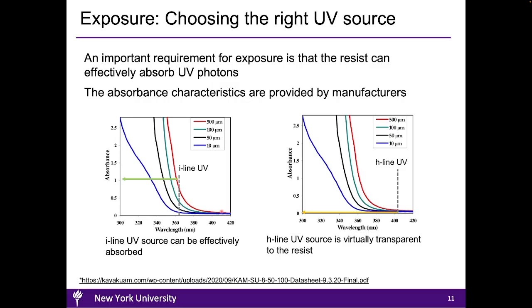Specifically, this example photoresist is virtually transparent to the H-line UV source. In contrast, it can effectively absorb the I-line UV source. The absorbance information guides the choice of the UV source for the photolithography process.